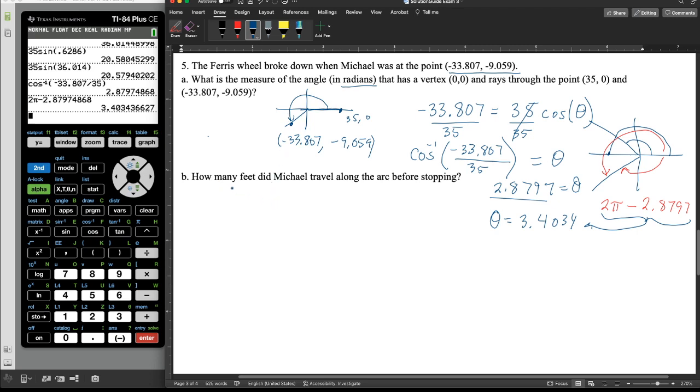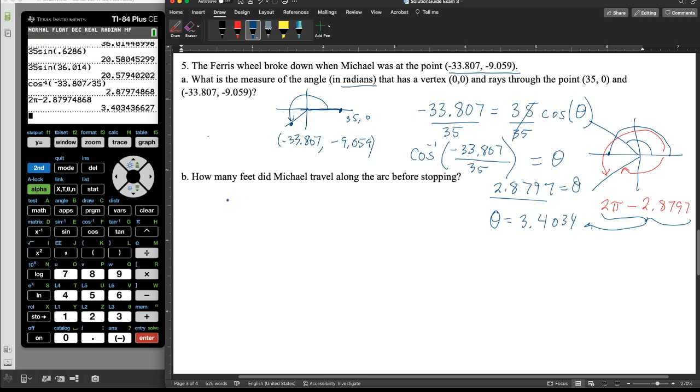But that's one example, working that way. How many feet did Michael travel along the arc before stopping? So we now know the theta, and it's referring back to the original 35 feet radius, right?